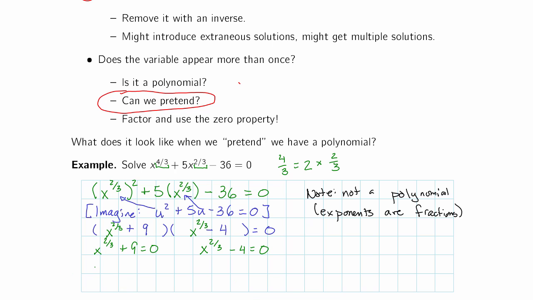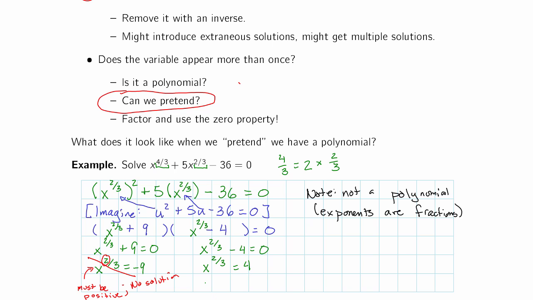This one gives us x to the 2/3 is -9. This one gives us x to the 2/3 is 4. Here we have an even numerator, which means this must be positive. So it can't equal -9, so we have no solution here. We cross this one off.